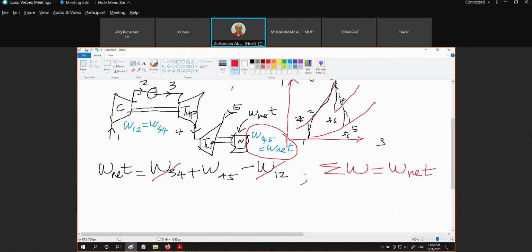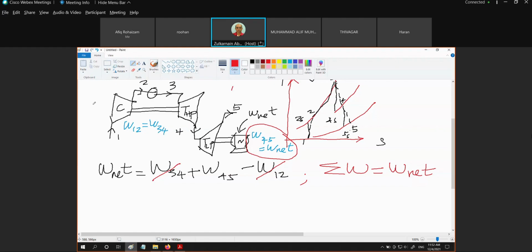We can say that W 4,5 is equal to W net and W 1,2 is equal to W 3,4 because there is no attachment of shaft between this turbine and this turbine. So that's why it's called the power turbine. The other one is the compressor turbine.